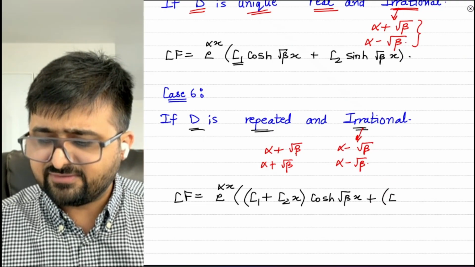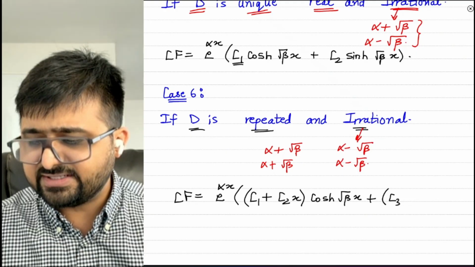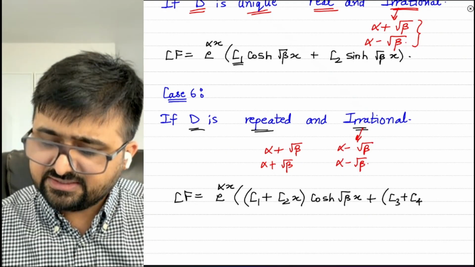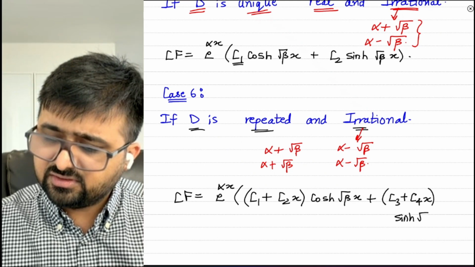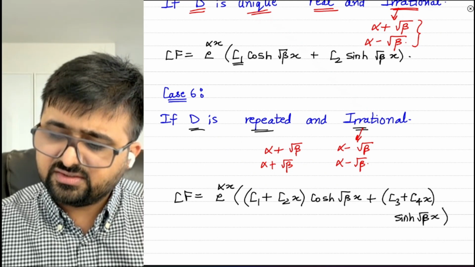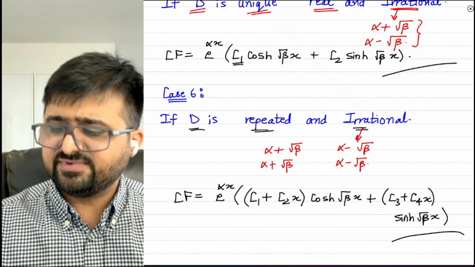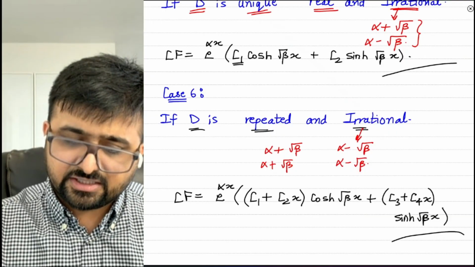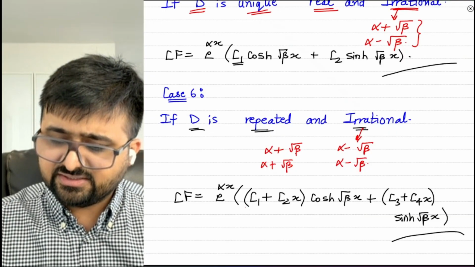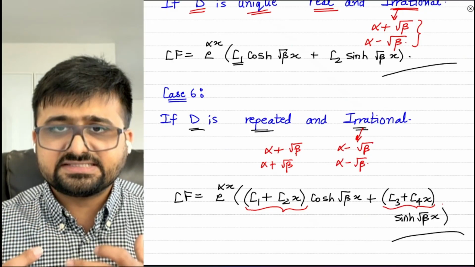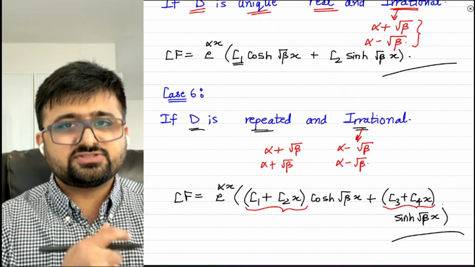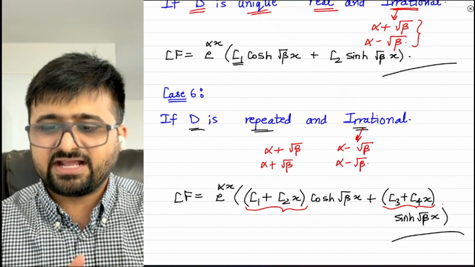We have used till c2, so we'll write c3 plus c4x into sine hyperbolic root beta x. I hope that makes sense. Because they are repeated values, you just write a linear function here and here. Rest everything remains the same. All right, let's move on to some examples of real and irrational roots.